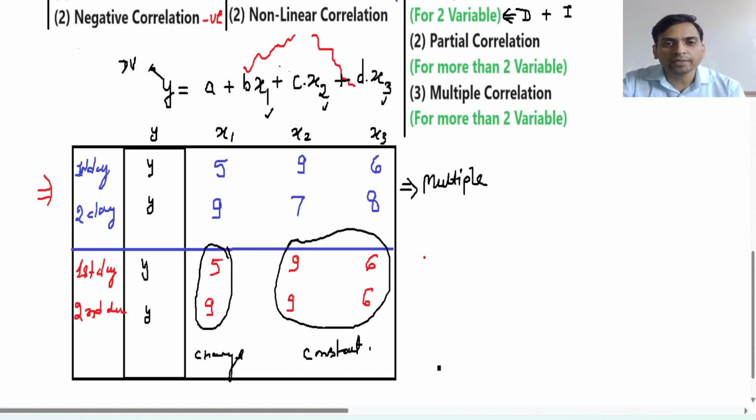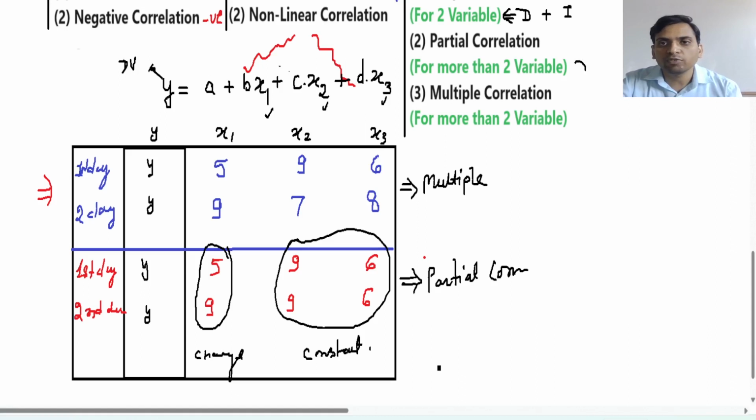So that's why there is partial impact. So we can consider this as partial correlation. So now in this case, one variable is changing, two are constant. There may be two variables changing and one constant. Then again, this is the case of what? This is the case of partial correlation. So this is the difference between simple, partial and multiple correlation.